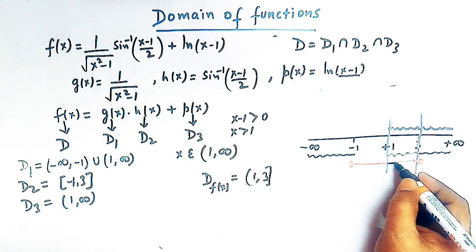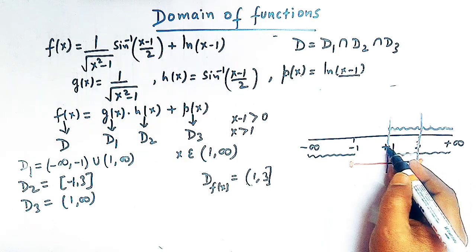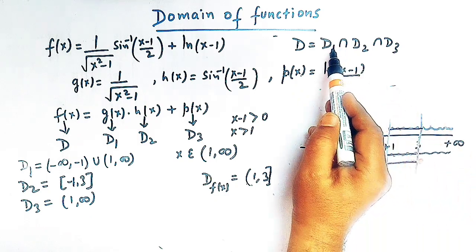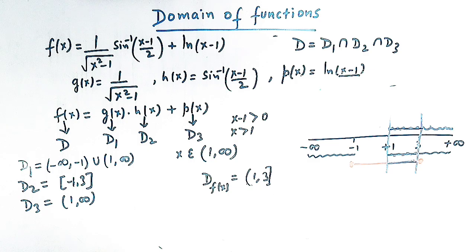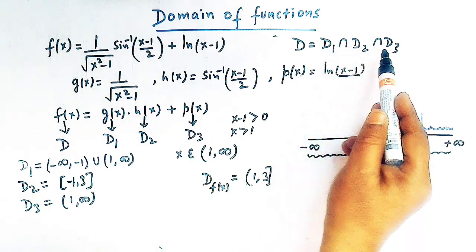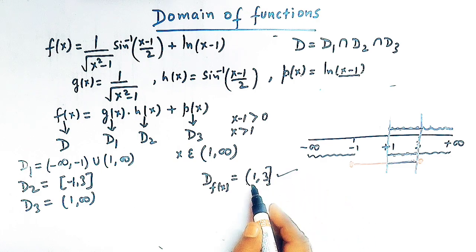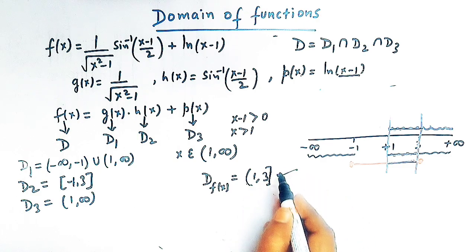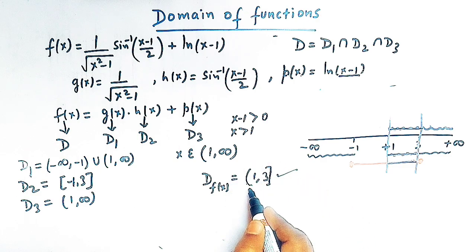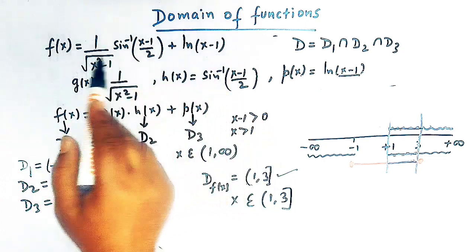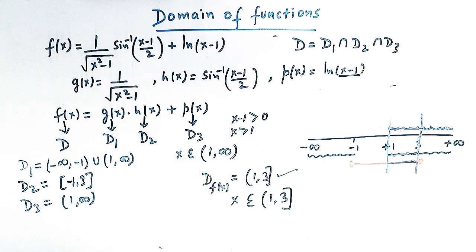So this region, plus 1 to 3, is common to these domains d1, d2 and d3. The intersection of these three domains is given by this interval, from 1 to 3, and all the values of x which belong to this interval satisfy or define the function f of x.